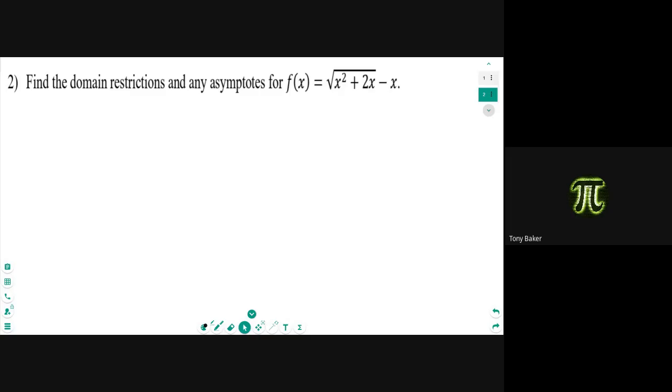All right. So, are there any domain restrictions for this problem? Right. So this inside the square root has to be greater than or equal to 0. So x squared plus 2x has to be greater than or equal to 0.